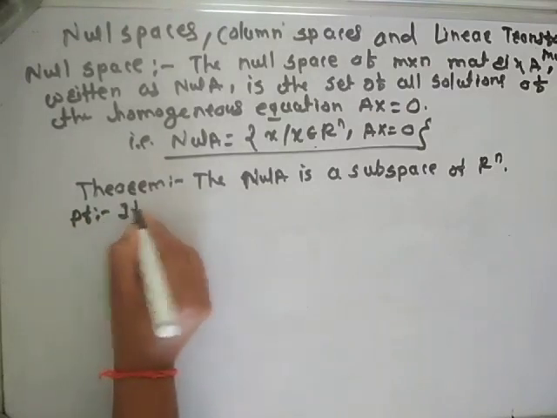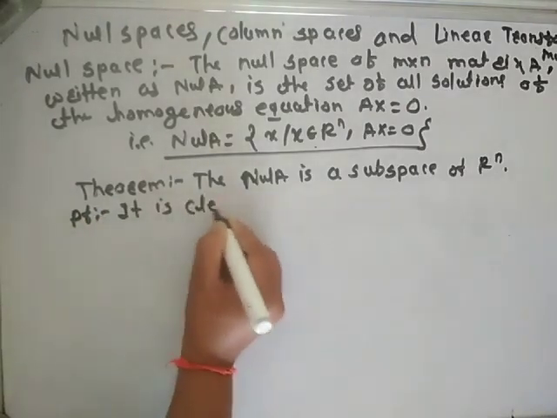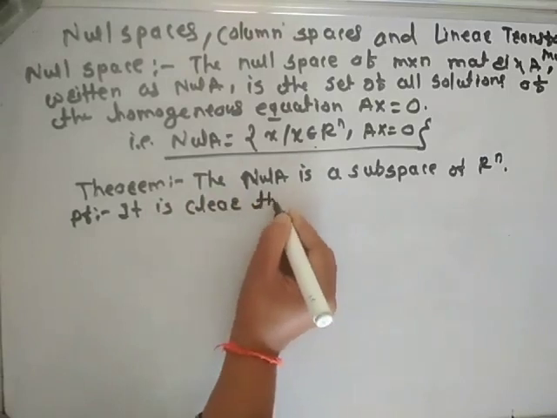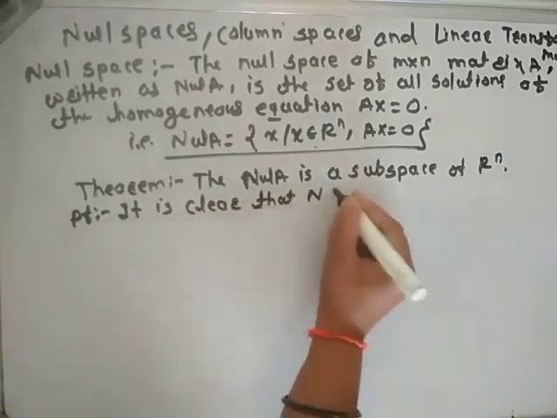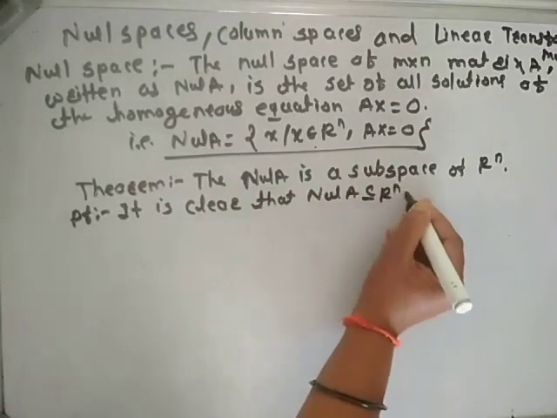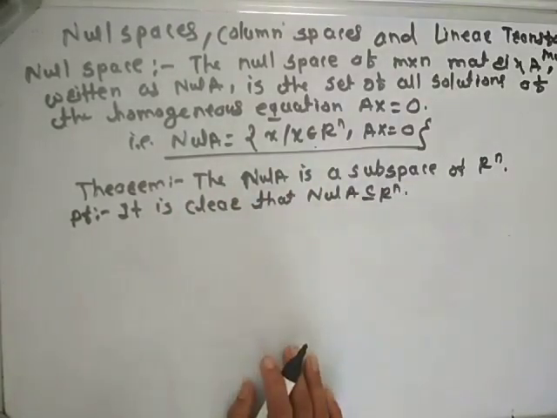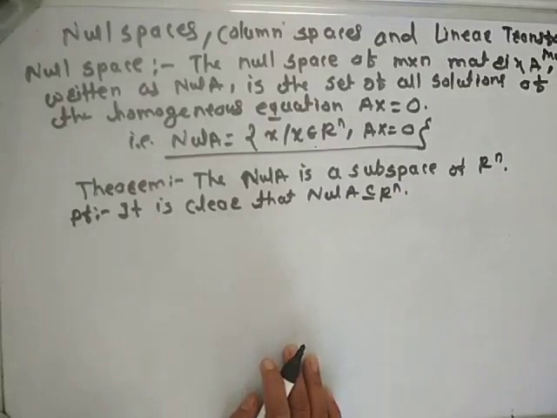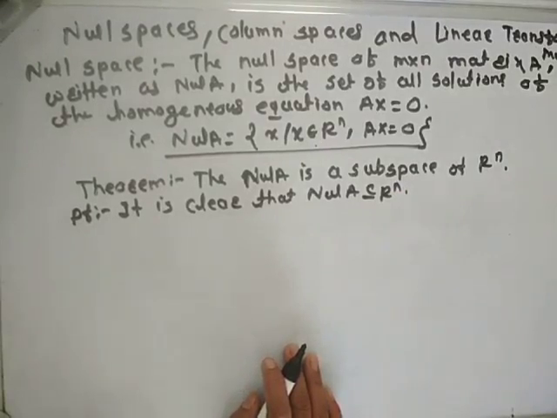It is clear that the null space of A is a subset of R^n. Obviously, null space of A is a subset of R^n.